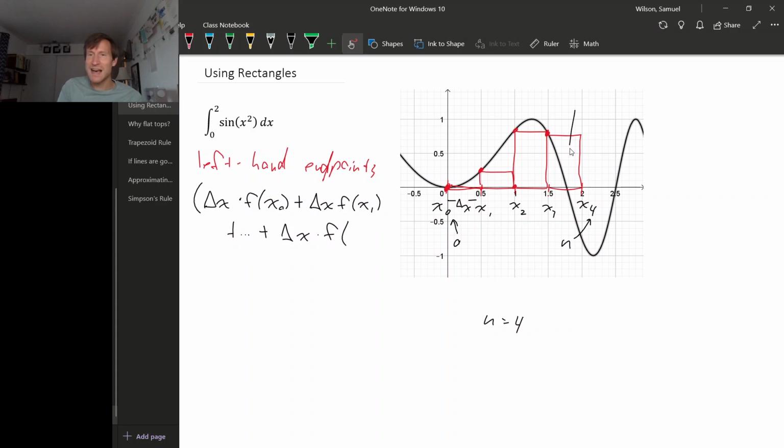For the last rectangle, the left-hand endpoint is the second to last x value, so this is going to be x sub n minus 1.